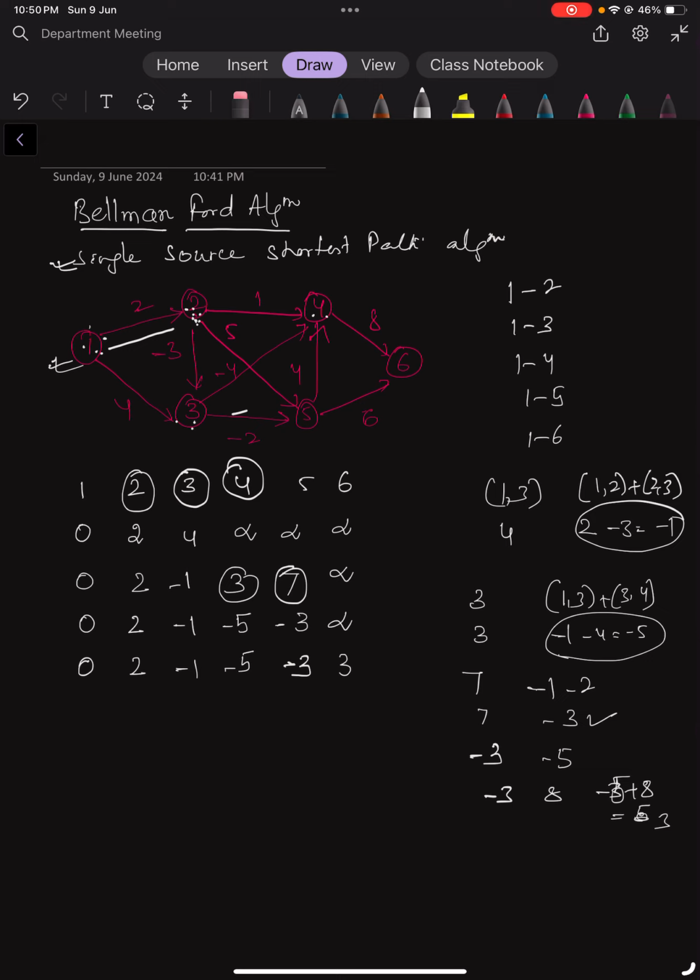So what are the distances now we have? Because it's the smallest distance only, we have obtained all the shortest distances already, so we have to stop the procedure here.